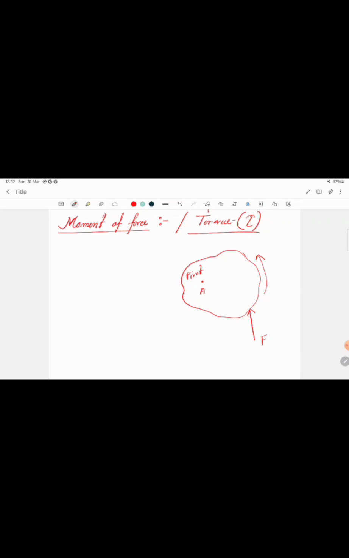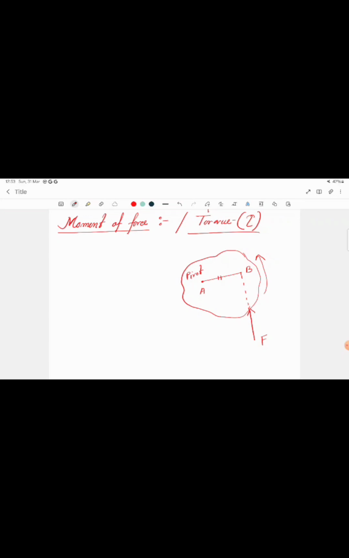The line of action of force is this way. The perpendicular distance from the pivoted point is AB.